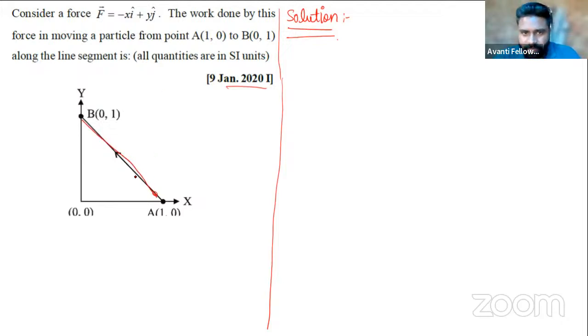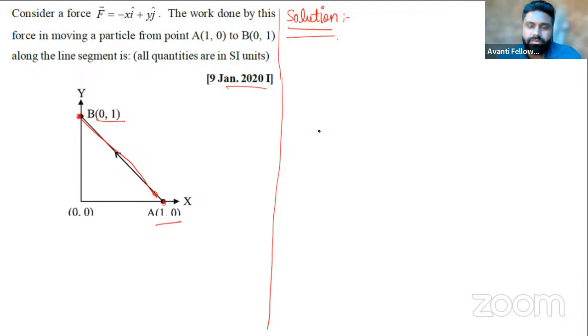If we are able to find the coordinates of this line vector, which is similar to the displacement vector, because the particle has started from point A and reached the final point B, we have the coordinates of both of them.